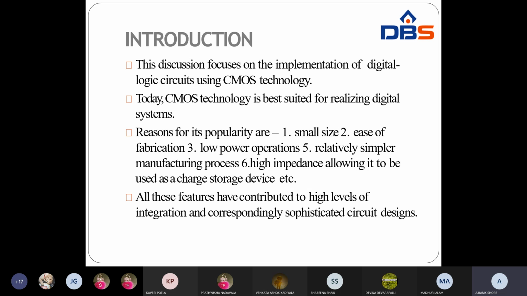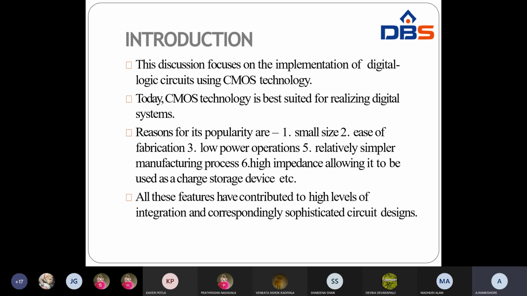Simply by using a capacitor with digital techniques, it can be used as a charge storage device, which is possible with CMOS technology.